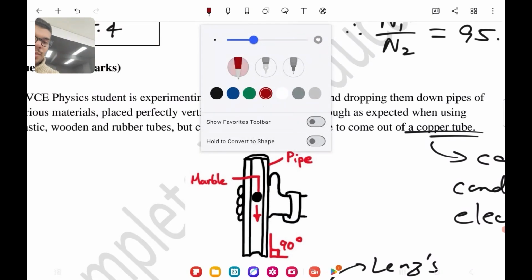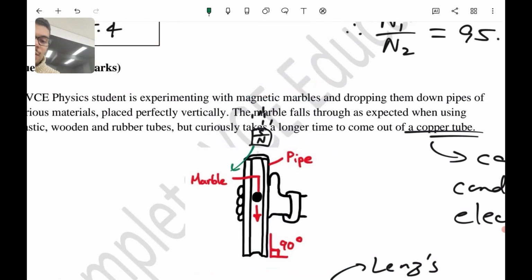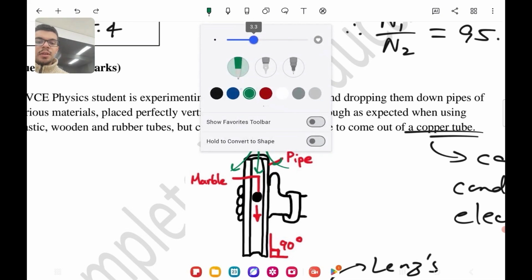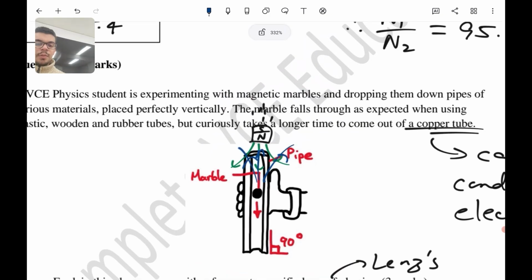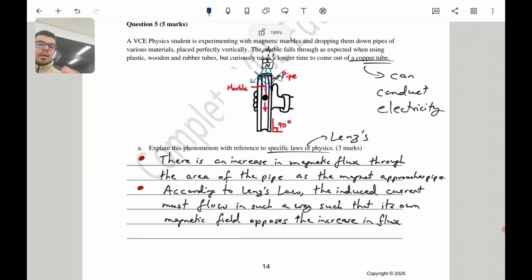So imagine the marble is a bar magnet, and in that case, the magnetic field lines would be pointing downwards, the magnetic flux will be downwards, and therefore the current in the copper tube will flow in such a way such that its own magnetic field points in the other way, such that the magnetic field in this case will be pointing upwards. Okay, all right, perfect.